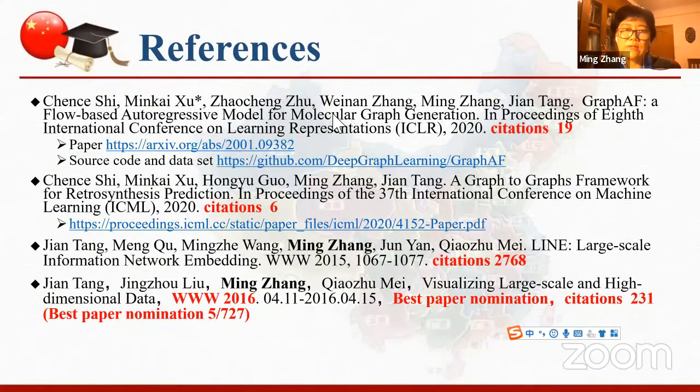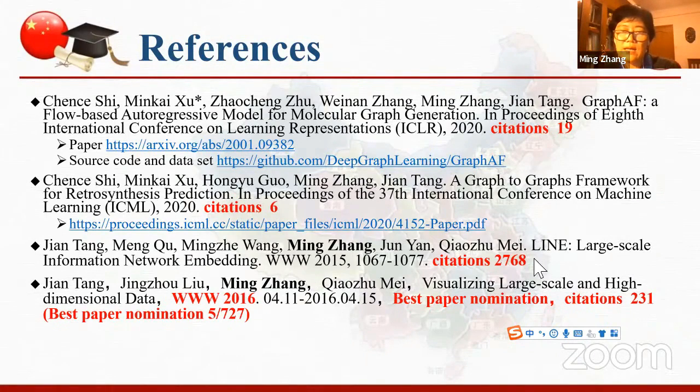The first paper, the GraphAF model, published in ICLR 2020, we have 19 citations right now, and the second one in ICML we have 6 citations. And also, at least the two fundamental models which are proposed by our group.